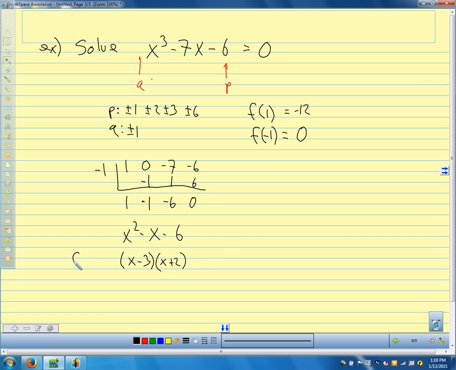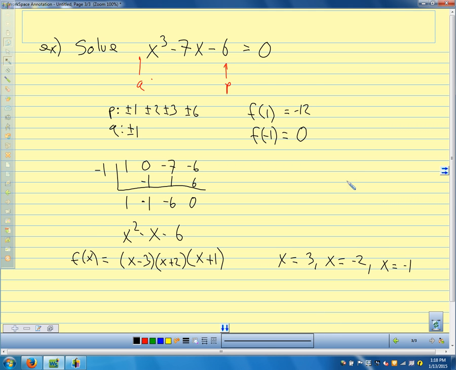So we could say, if it asks us to factor, f of x is x plus 1, right? From this. So our zeros are x equals 3, x equals negative 2, and x equals negative 1. And those are our solutions to that equation.